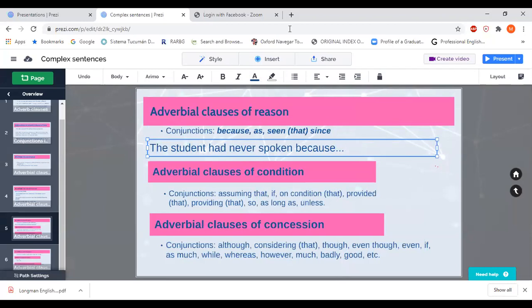Because he is so shy. Okay, because he was or he is very shy. So in this case, because he is very shy, this is the adverb clause of reason.